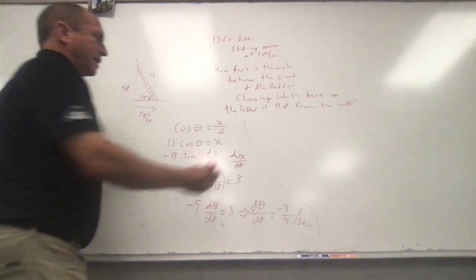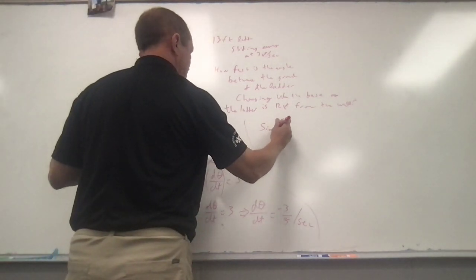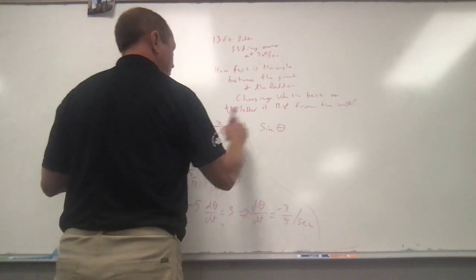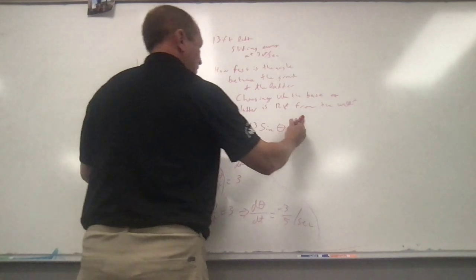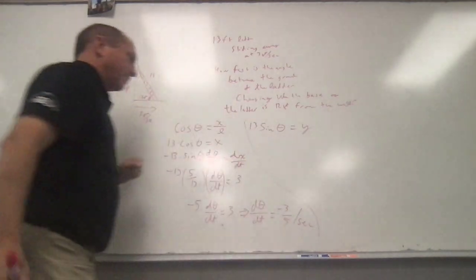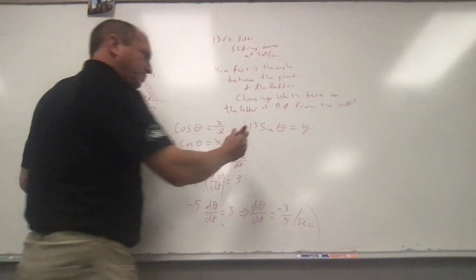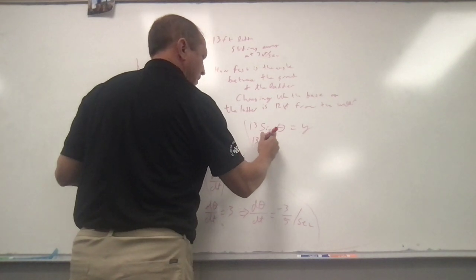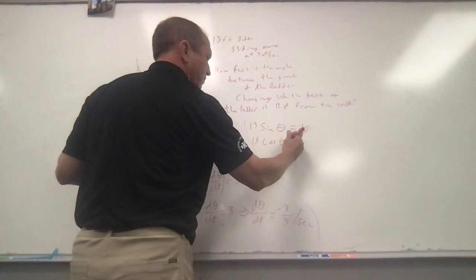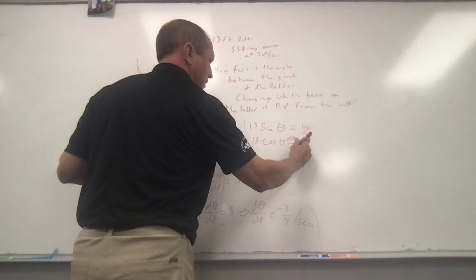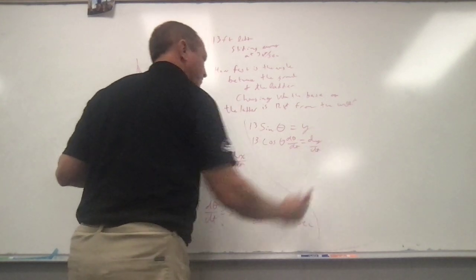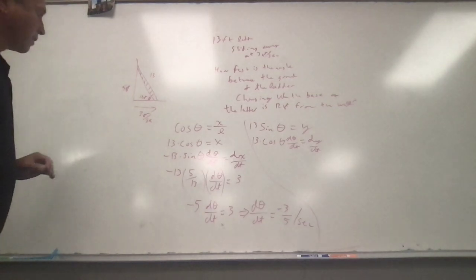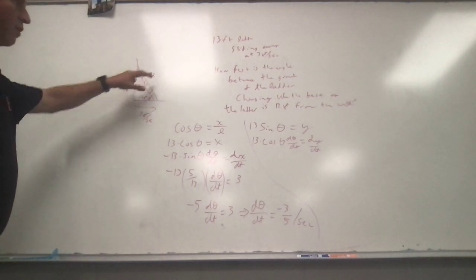If I've got sine of theta, and I'll go ahead and put the 13 in the front. So 13 times the sine of theta would equal y. So 13 times the cosine of theta, d theta dt equals dy dt. So cosine here is 12 over 13.